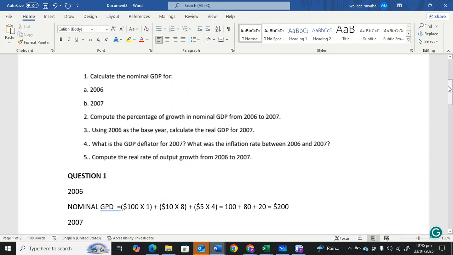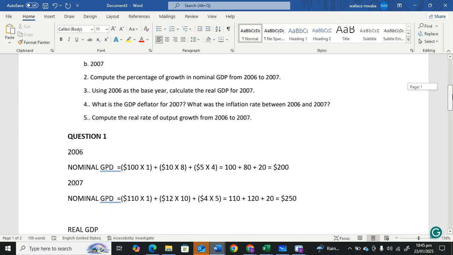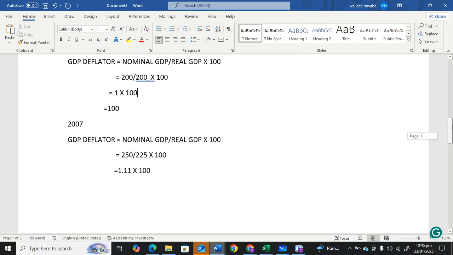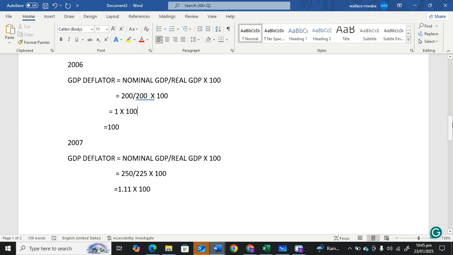Finally, compute the real output growth from 2006 to 2007. So basically, the percent change in the real GDP. Colleagues, can we tabulate the percent change in the real GDP?